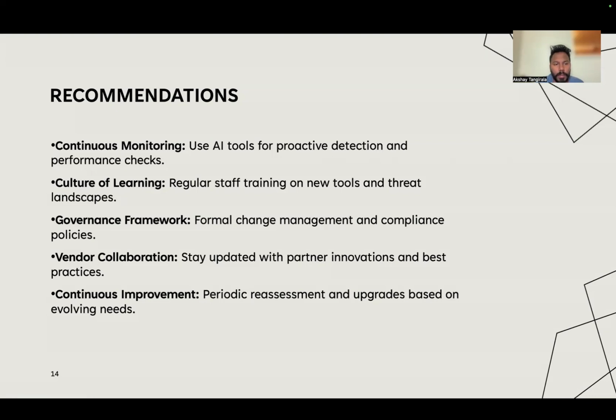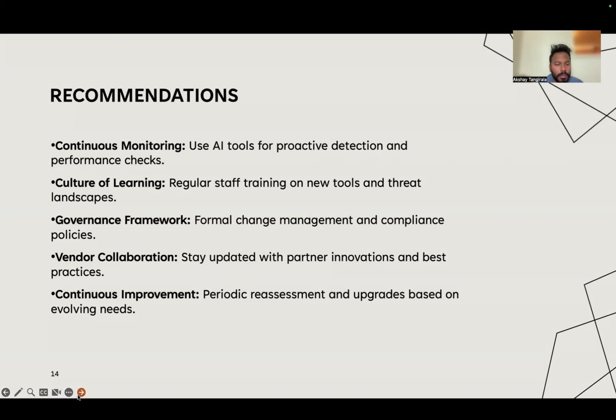The third one, coming to governance framework, implement a strong governance framework to manage changes and ensure compliance. And coming to the fourth one, vendor collaboration, maintaining active partnerships with technology vendors to stay ahead of updates and best practices. These steps will help the network evolve with the organization.